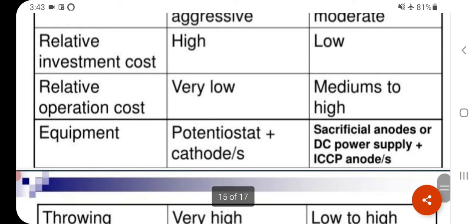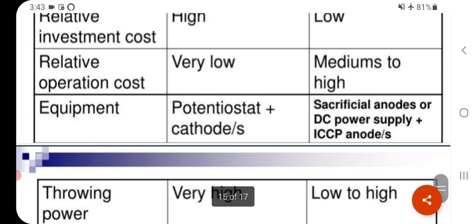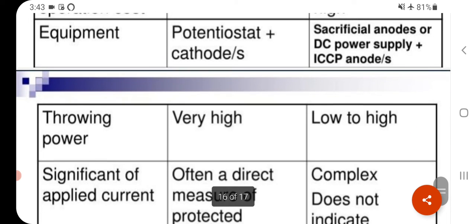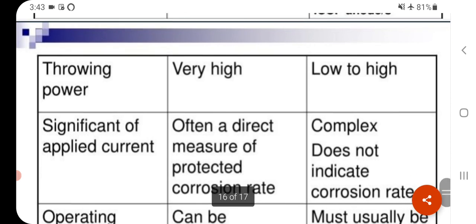Relative operation cost is very low in anodic protection and medium to high in cathodic protection. Equipment: potentiostat plus cathodes in anodic protection, and sacrificial anodes or DC power supply plus ICCP anode in cathodic protection. Throwing power is very high in anodic protection and very low in cathodic protection.